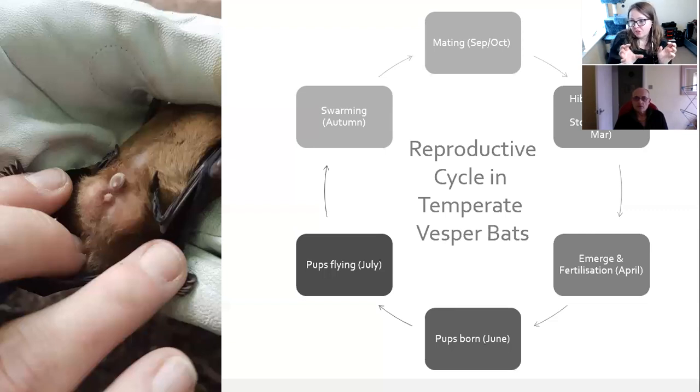So they can push their swarming a little bit later, and their dip in weight happens a little later than the dip in the weight of the bats that are after flying prey, because basically they have to eat and fatten up before hibernation. So with Natterer's bats, they can push it a little bit.